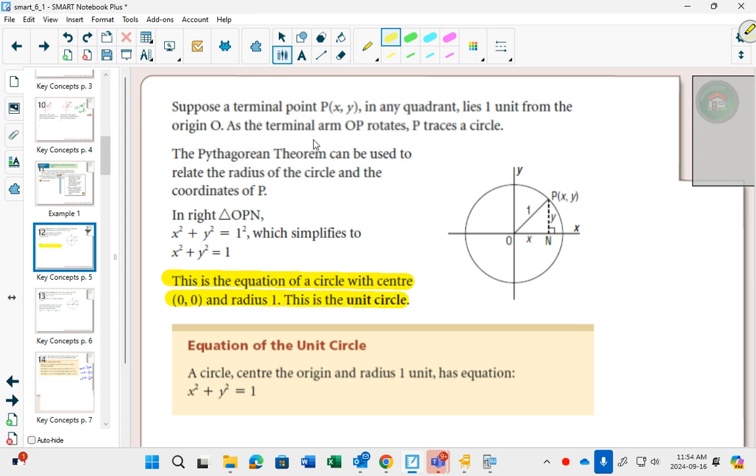The first definition that we're going to highlight at the bottom of page 469 is the definition of the unit circle. The unit circle is a circle with a radius of 1, meaning it has 1 unit for its radius, and they call it the unit circle as a result.